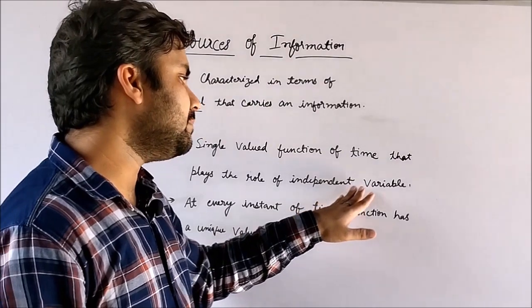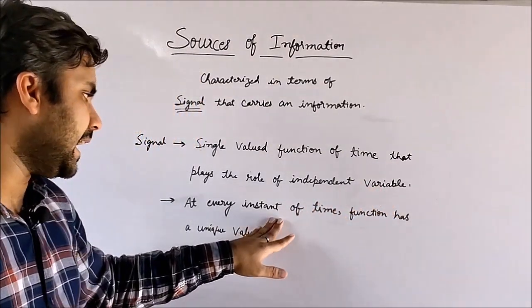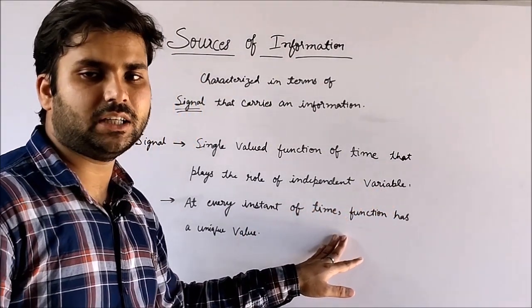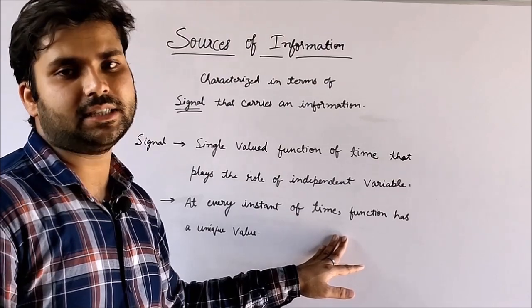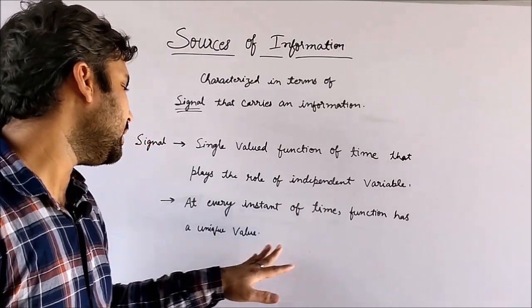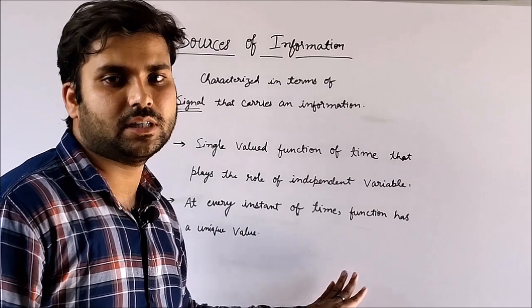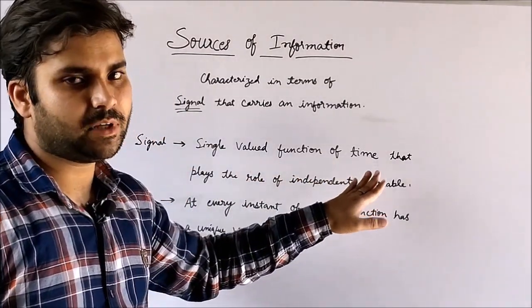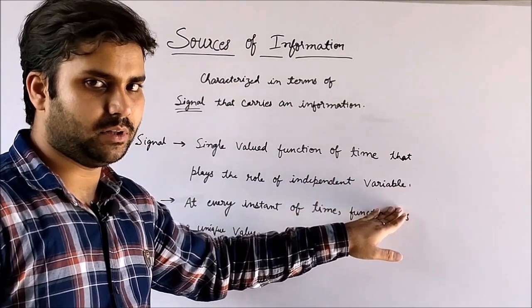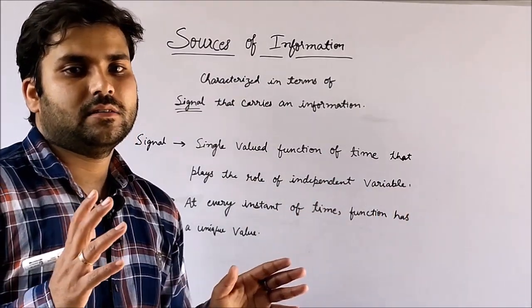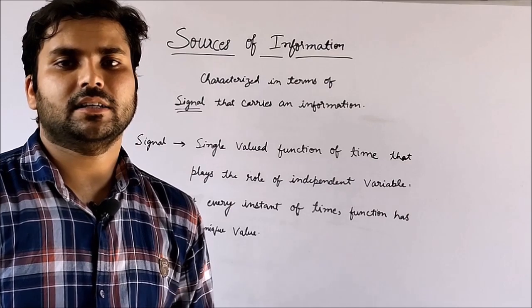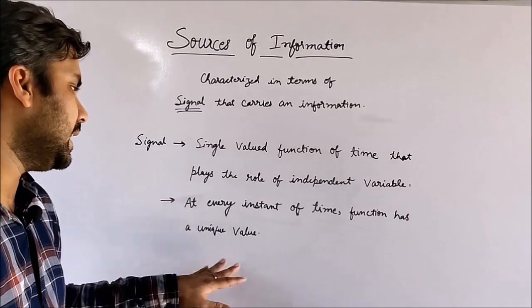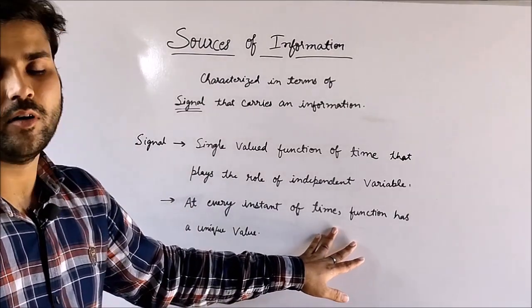As time is the independent variable, for each instant of time we will find a unique value of the signal. That is, a signal is a single valued function of time, which is an independent variable, and has a unique value at any instant of time.